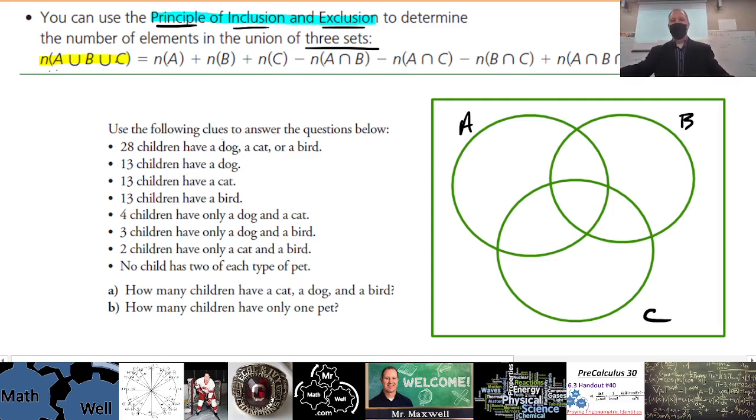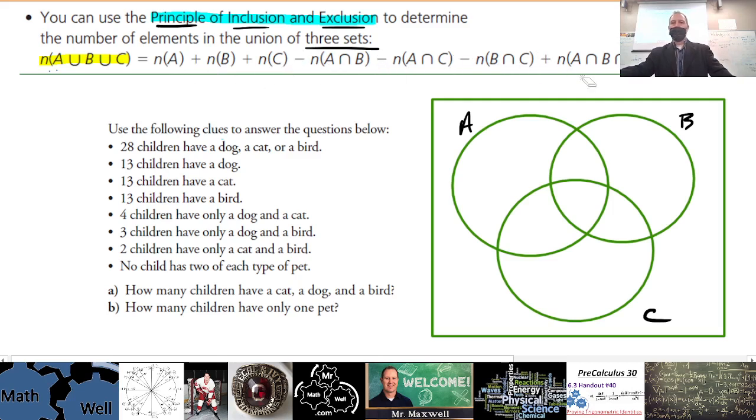But remember, with the principle of inclusion and exclusion, we're trying to add up all of the numbers, but we're trying not to double count anything. That's why we have to subtract some things, okay? So we know about this. So let's walk through this, and then I'll get to this adding here, and we'll find out why that is.